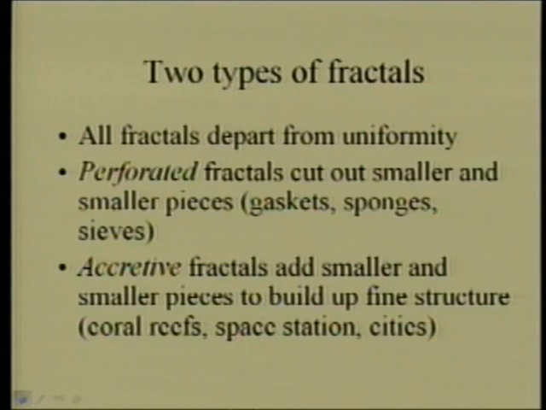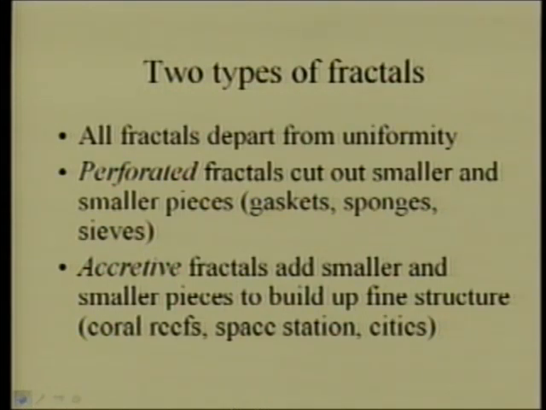The Sierpinski gasket is one example of a fractal that begins in 2 dimensions, and you cut out smaller and smaller pieces to get the gasket. Or you can get a sponge. Namely, you start with a volume and you cut out little bits of that volume to make it porous, and you get the sponge, or a sieve. A sieve can exist in 2 dimensions, or a curve.